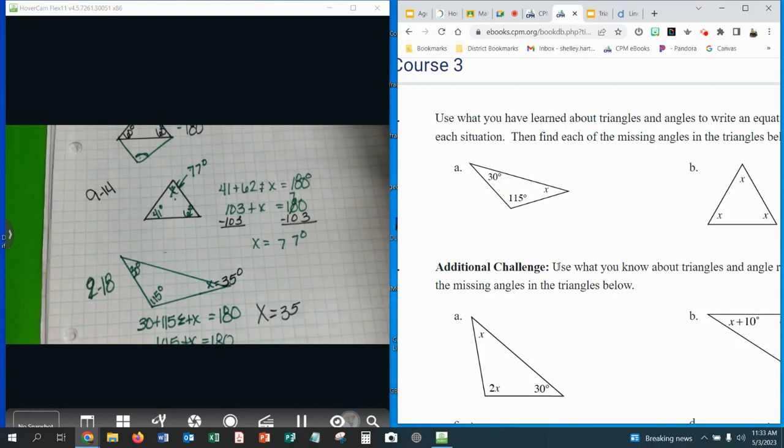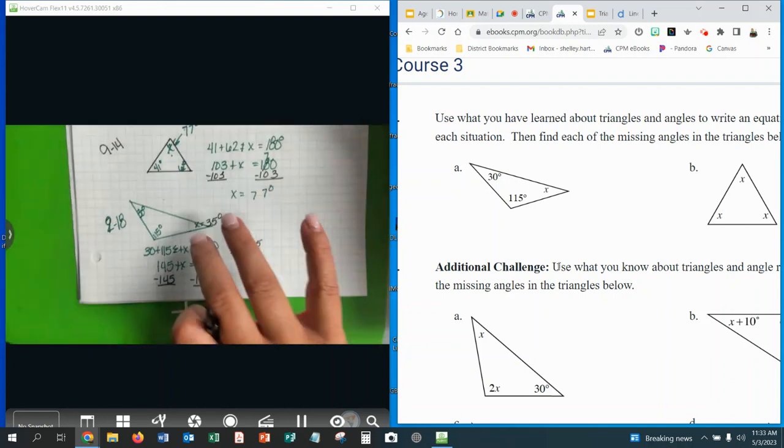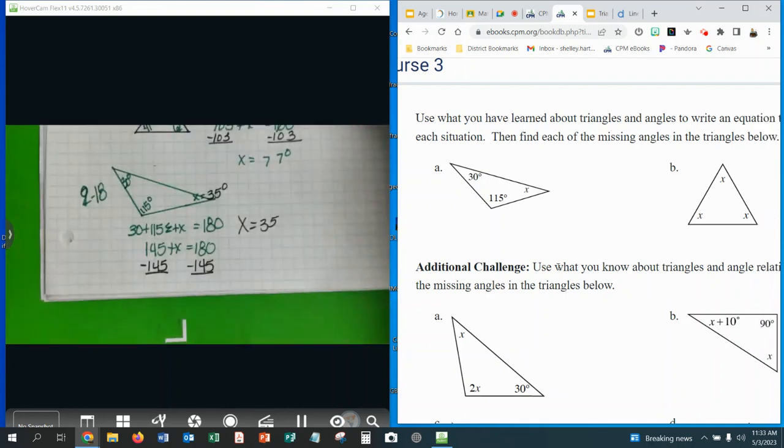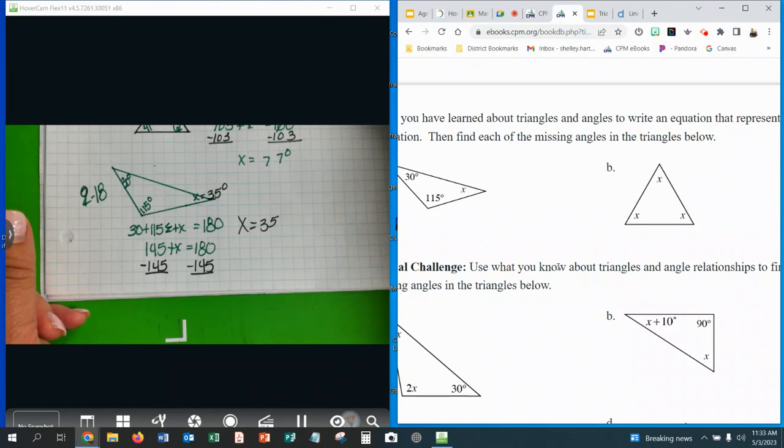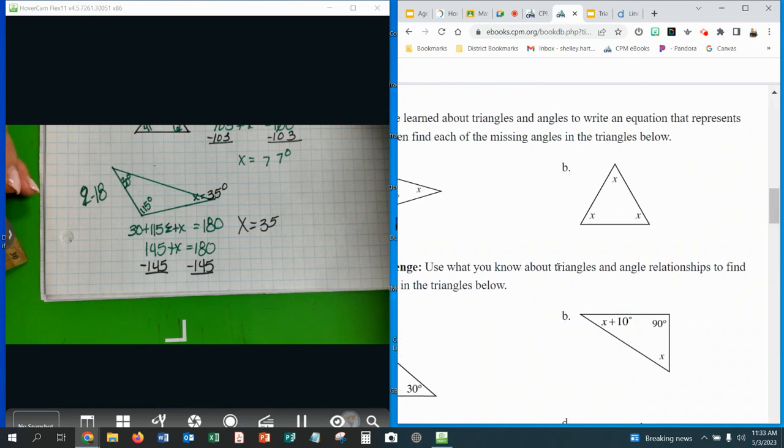Great. How do you feel about that? I know, it feels pretty good, huh? I feel like it feels easy because it equals 180 either way, so you just have to find the missing angle. What about B?